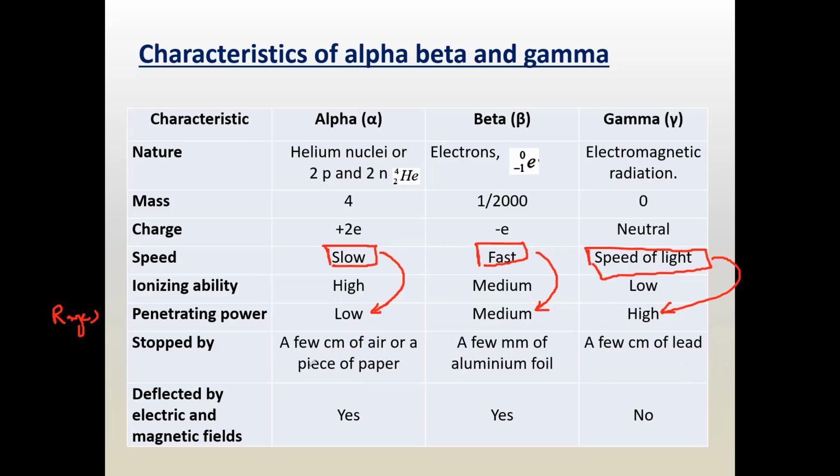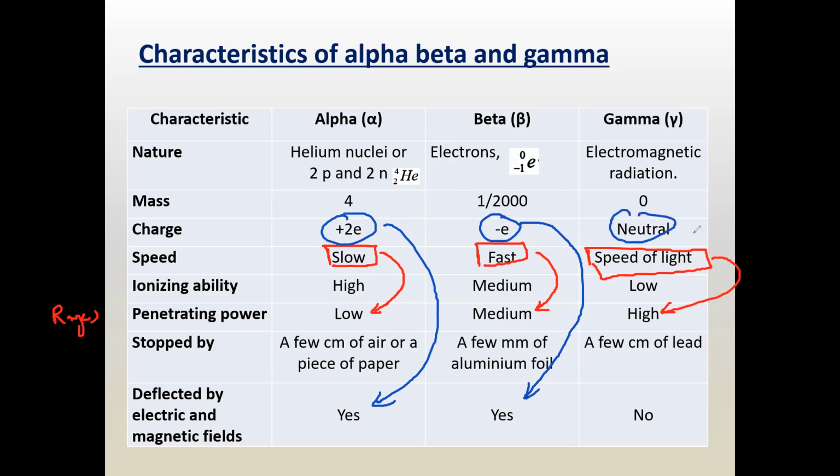And deflection by electric and magnetic field: whenever there is a charged particle, there is always a deflection in electric field and magnetic field. Alpha has a +2 charge, that is why there is a deflection. Beta has a negative charge, like an electron, so there is deflection.